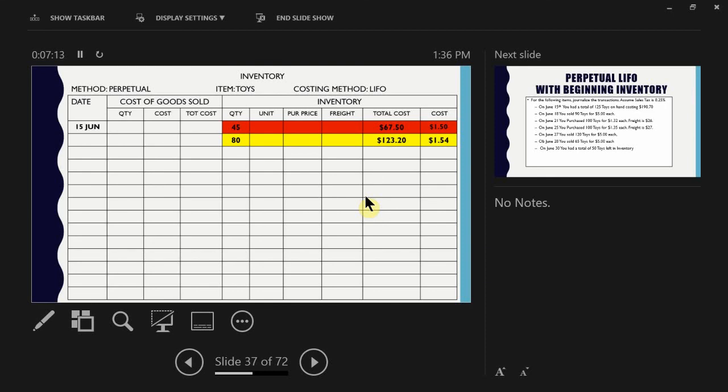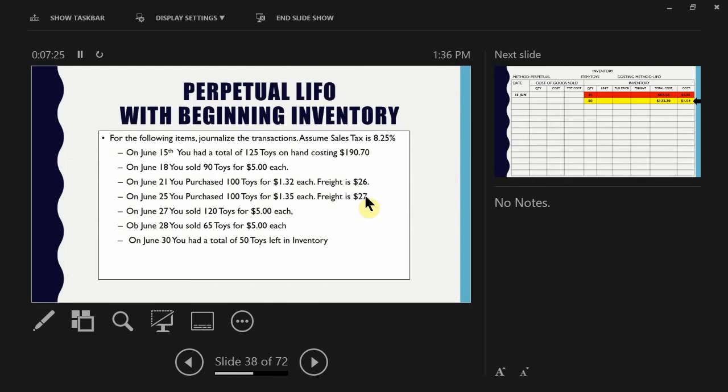So here I'm indicating that I have a batch for the 45 and a batch for the 80, to give me 125 items. So on June 15, you had a total of 105.